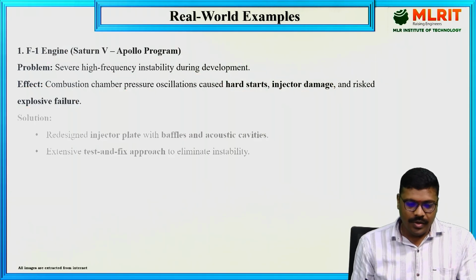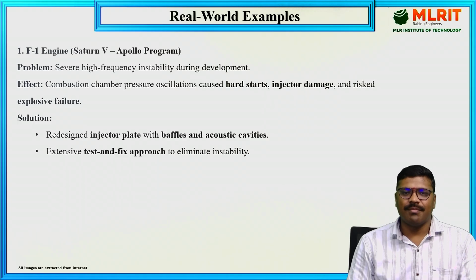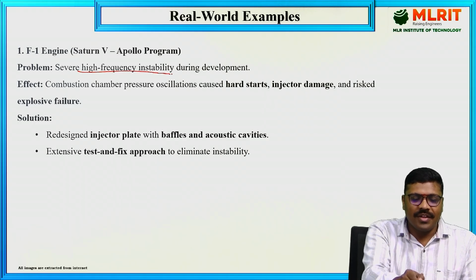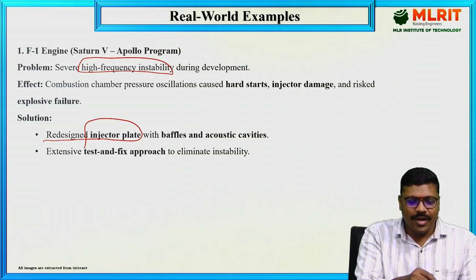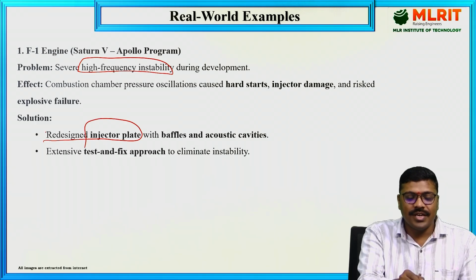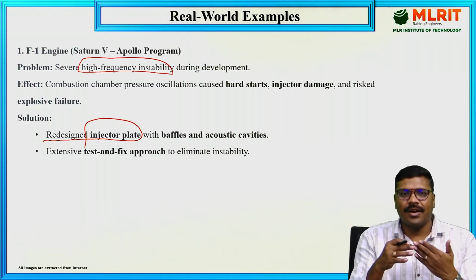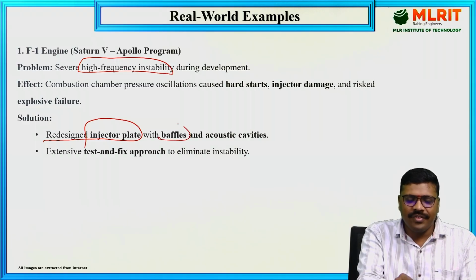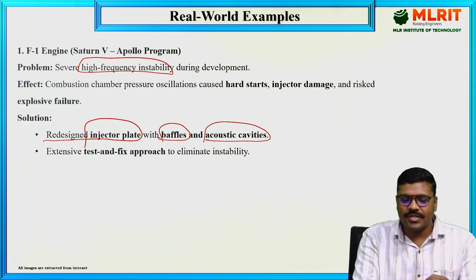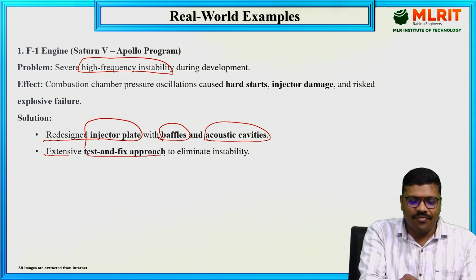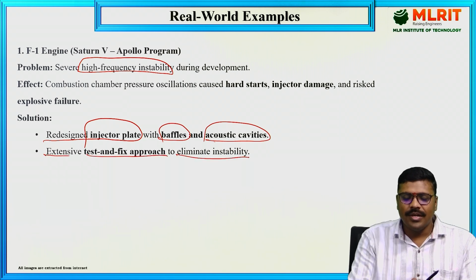So the solution they found for this high frequency combustion instability is that they redesigned the injector plate. They redesigned the fuel and oxidizer injector plate with baffles and acoustic cavities, and did extensive testing on the fixed approach to eliminate the instability.